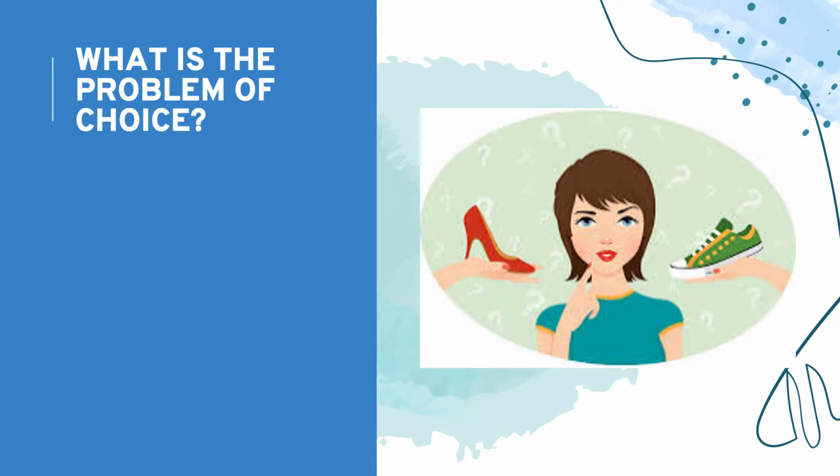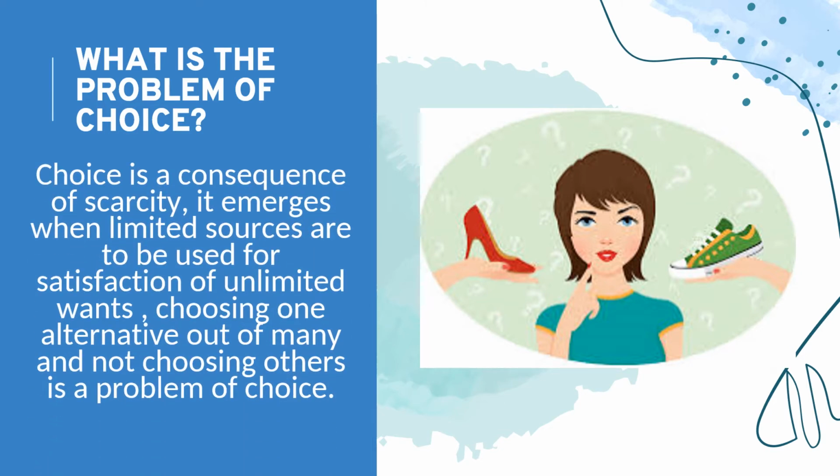It is because of her limited resource, which is her limited income or purchasing power. She has to adjust her unlimited wants with her limited resources. That is the money that she has in hand. So that brings us to answering the question, what is the problem of choice? Let's answer it.